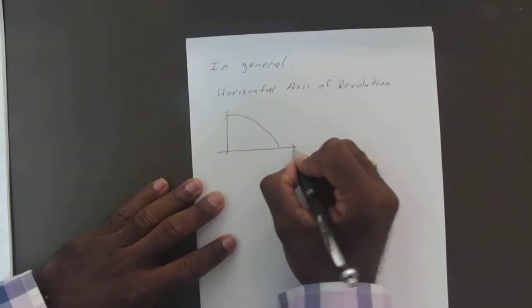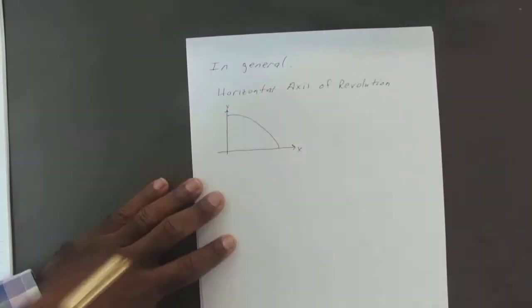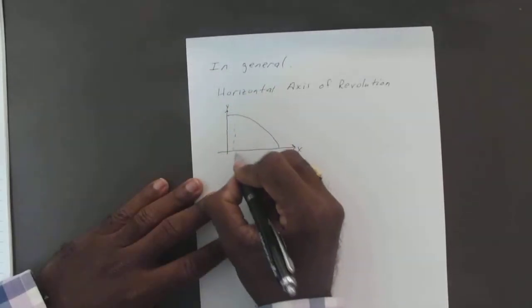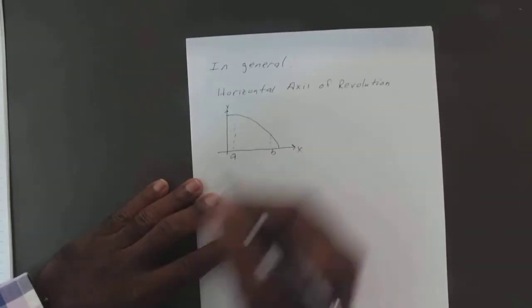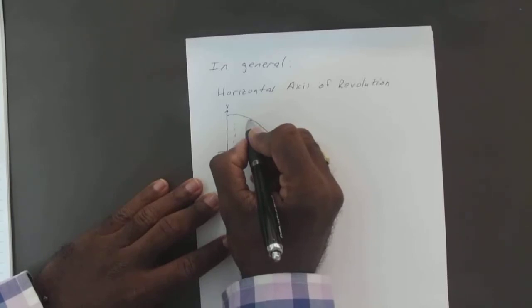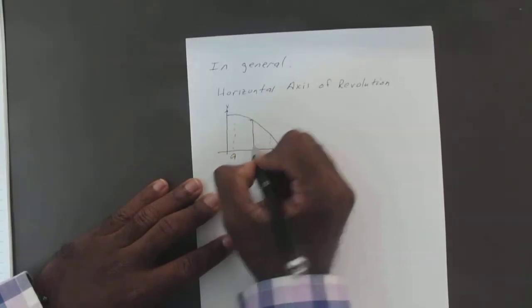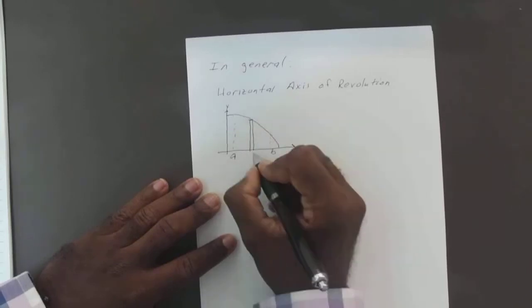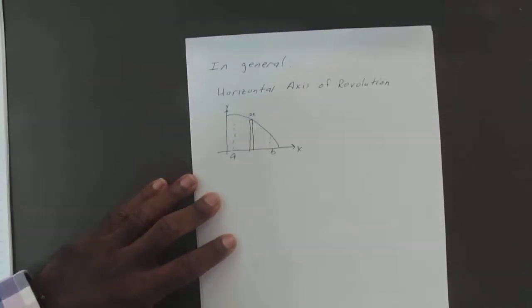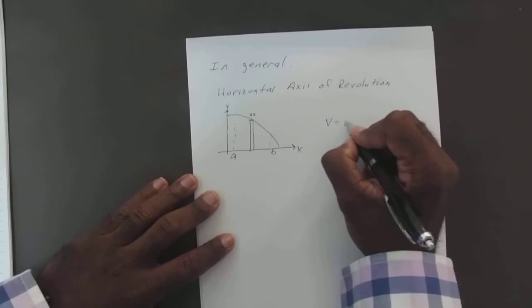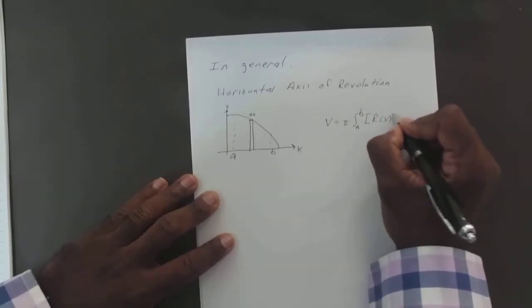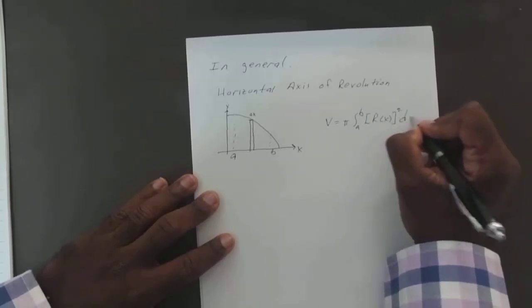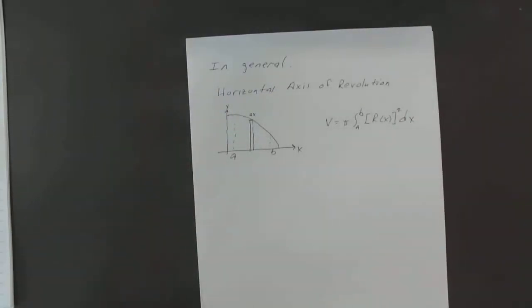And that's if you have, we'll just come up with some random shape, between some A and B. So with the disk method, all we did was take a little slice out of it for our delta x, and we ended up with our volume equals pi from A to B of our radius squared with respect to x.